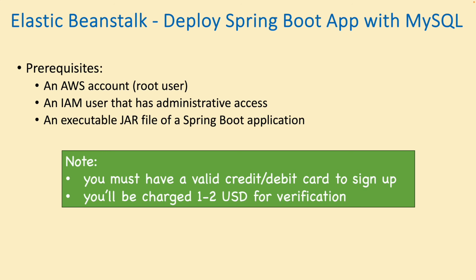Note that you must have a valid credit or debit card to sign up for an AWS account, and it will be charged about 1 to 2 USD for the verification process, but you will get the money back later.